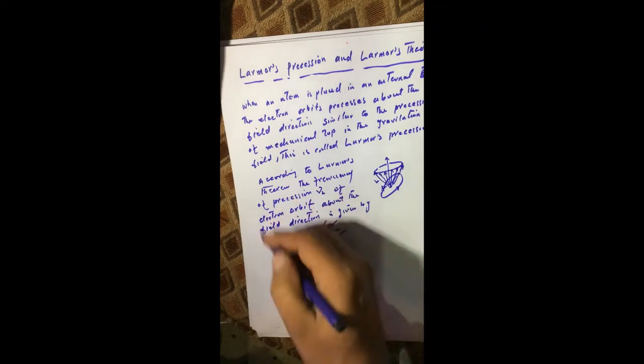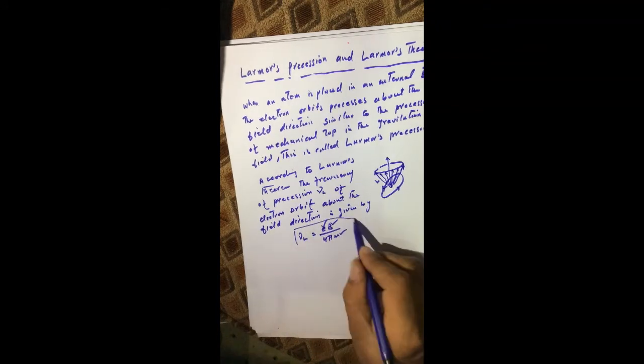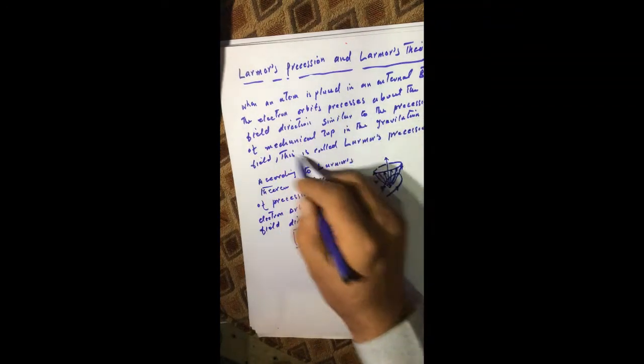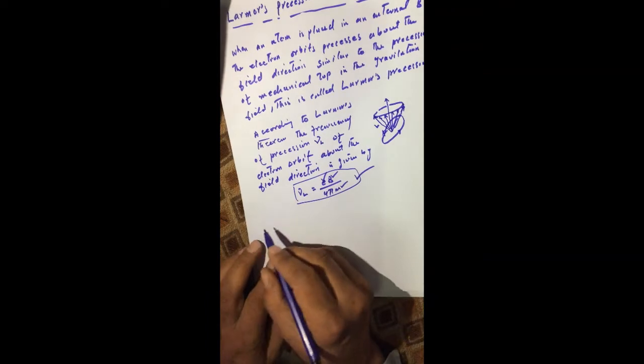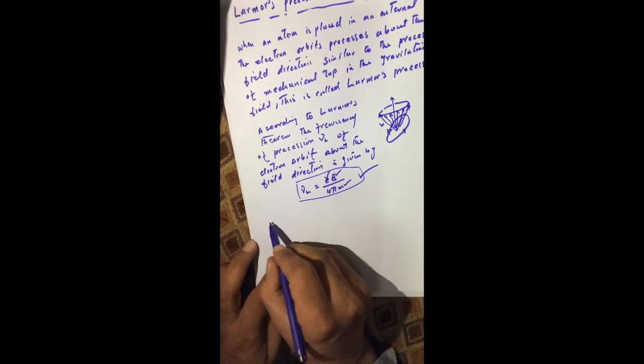So this is Larmor's theorem, and this is the Larmor precession definition. Now we will move towards the proof of this formula.